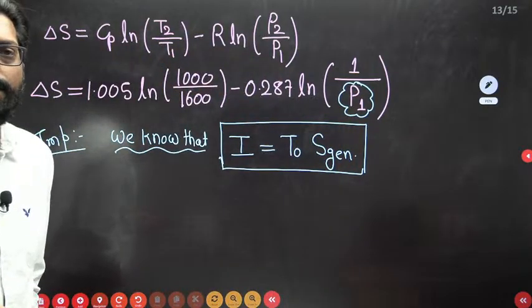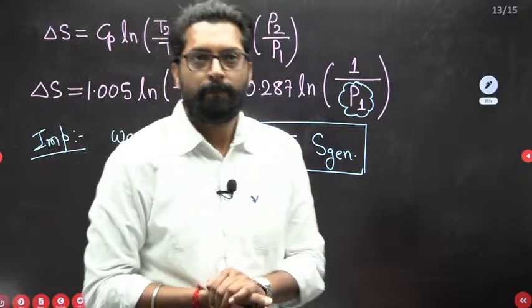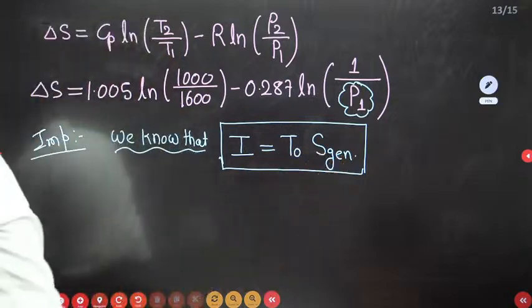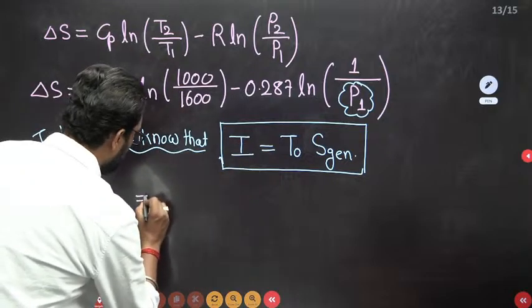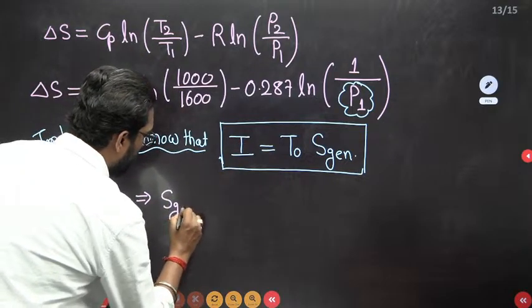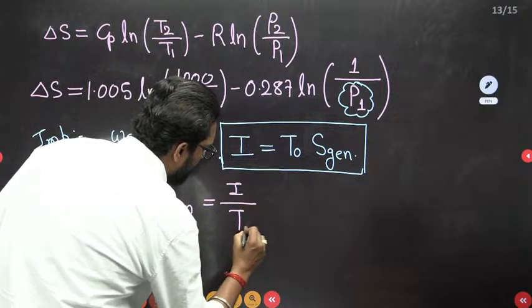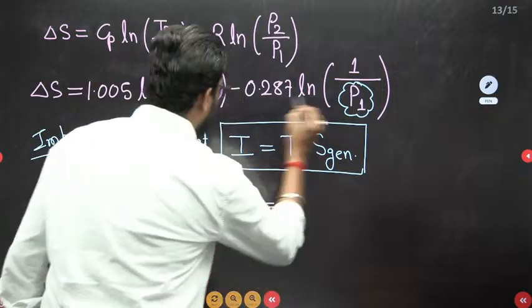If you take S generation, entropy generation is equal to irreversibility divided by temperature, this is the temperature of the surroundings. So what is the irreversibility here?